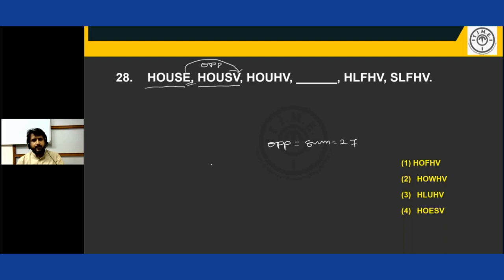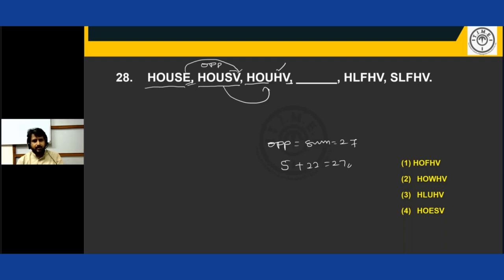E's opposite pair is V. E is 5 and V is 22. The sum is 27. So it is the opposite pair. So only one letter is changed. Remaining all the letters are the same. HOUS, HOUS. And second to third, first 3 letters and the last letter remain the same. Now there is a change in the second letter. Now there is a change in the second from the last.